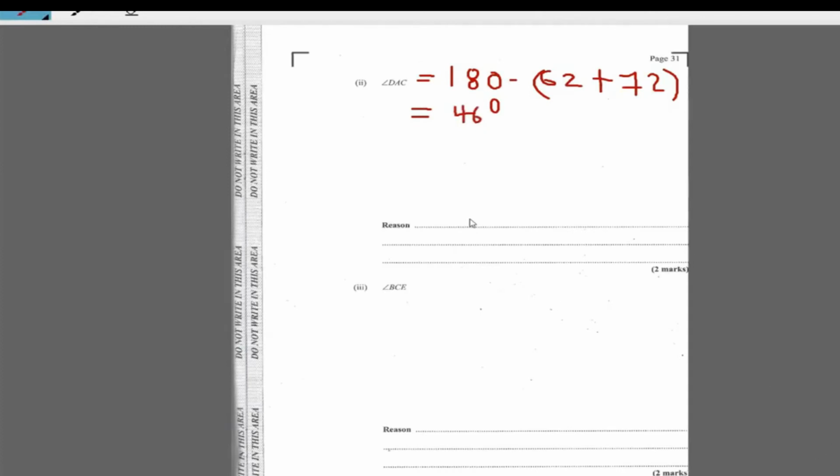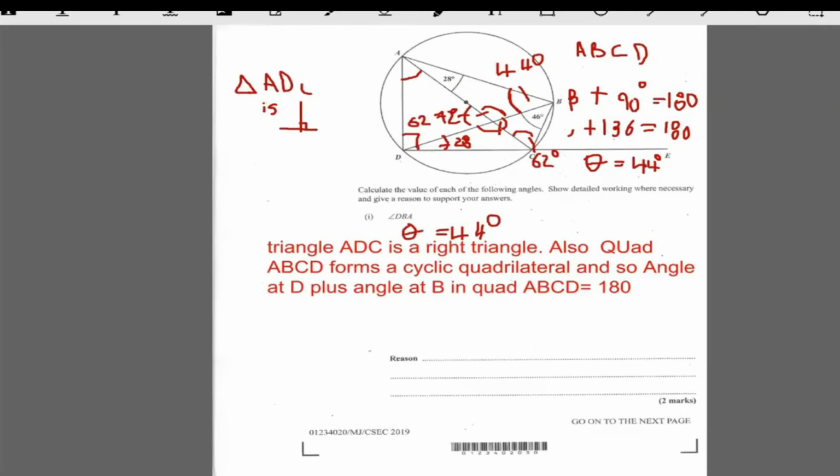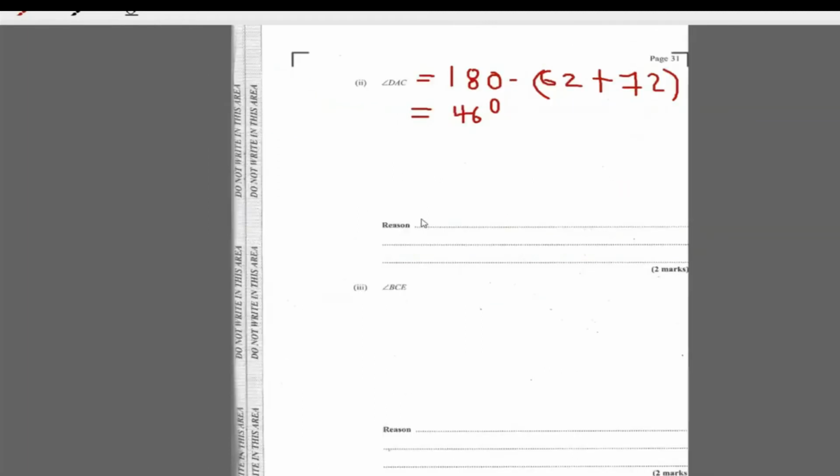All right, now the reason, well, look how many things we did for this, so many reasons. We can say that, I'm going to label this point as X. And so triangle AXB is similar to triangle BXC. So that's my reason. I'm going to write that.